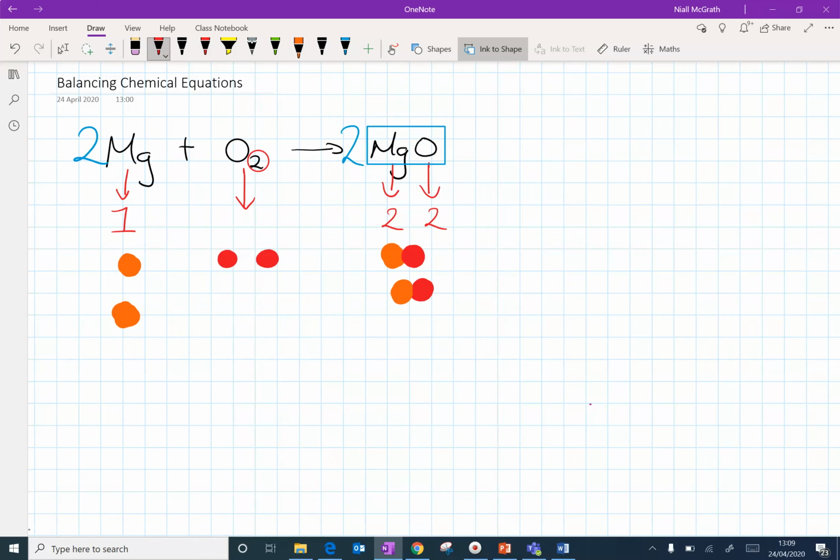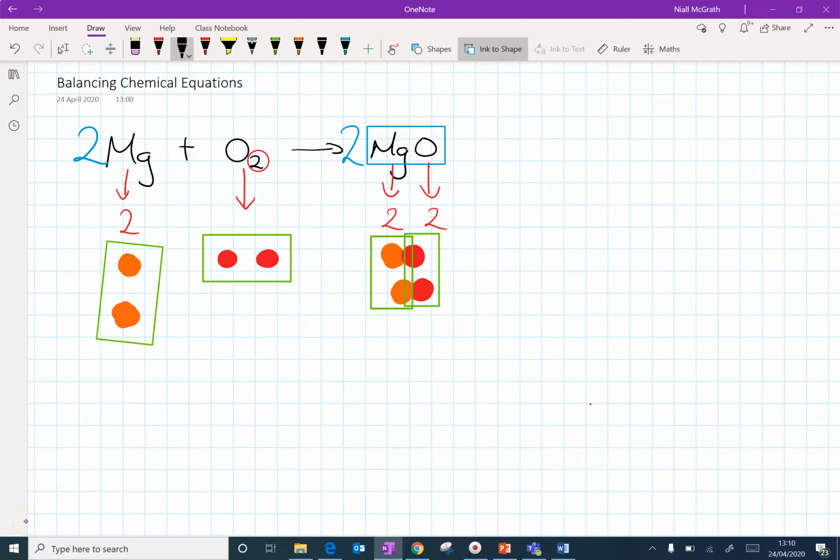So now you have 2 magnesiums on the left. You have 2 magnesiums, you have 2 oxygens, and they're reacting together to give you 2 MgO. Again, here you have 2 magnesiums, and you also have 2 oxygens.